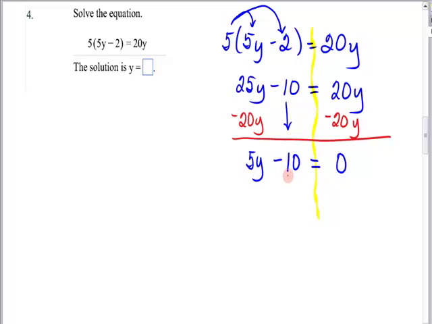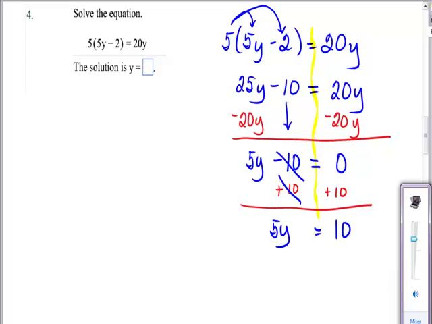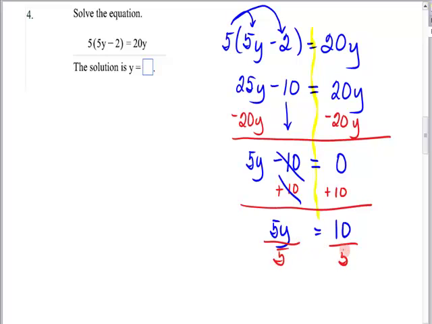Yes. Minus 10, so I will add 10. Add 10. That leaves me with 5y. 10's have canceled out, equal sign 10. 5 is the coefficient of the variable, so I will divide by it, and y is equal to 2.